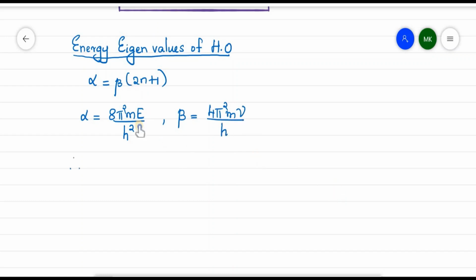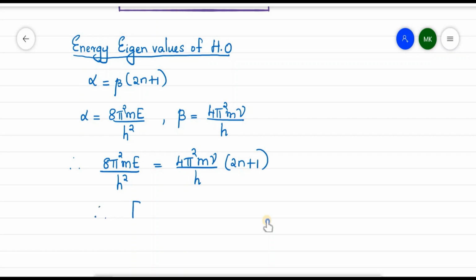Substituting alpha and beta in this equation, we get 8 pi square me by h square equals 4 pi square m nu by h into 2n plus 1. Therefore, from this we get E, the energy, equals 2n plus 1 by 2 into h nu.